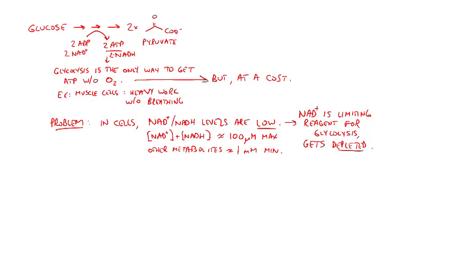2-NADH is our product. If our NAD plus supplies get depleted in cells, we can't keep glycolysis going because we're going to run out of reactants. Now, normally, this is not a problem if oxygen is present.